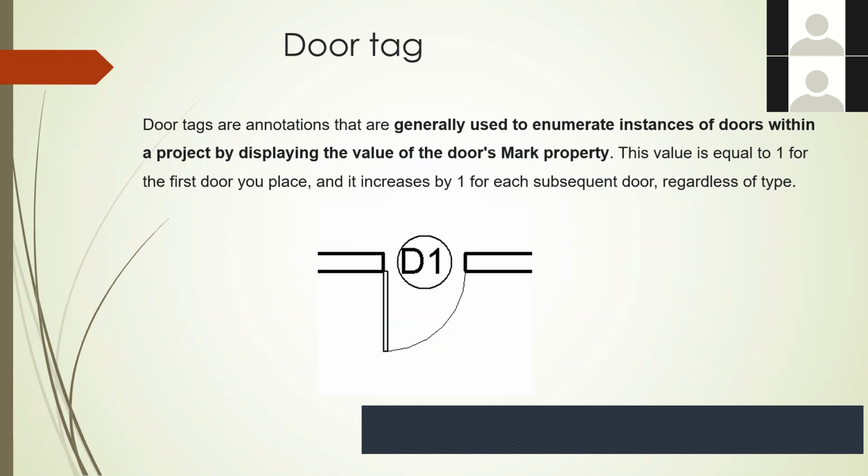Door tags are annotations generally used to enumerate instances of doors within the project by displaying a value, mainly the mark property. If you place one door it starts with 1, then increases by 1 for the subsequent ones, regardless of the type. Any other type of parameters, if you want to tag, you can add that also.